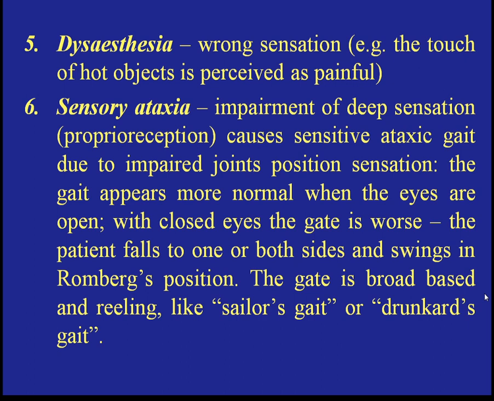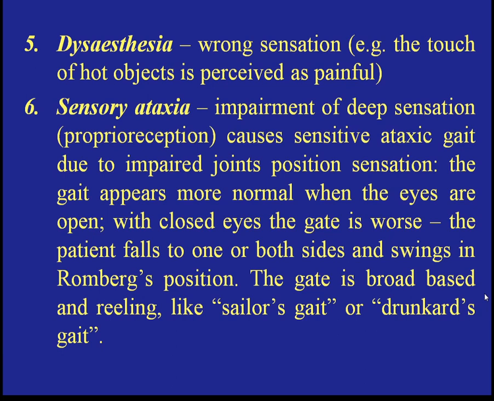Very interesting phenomenon, sensory ataxia. Ataxia is disbalance. Latin word of ataxia means disbalance. Maybe cortical ataxia, vestibular ataxia, cerebellar ataxia. In case of sensory ataxia, it is a result of pathology of proprioception.